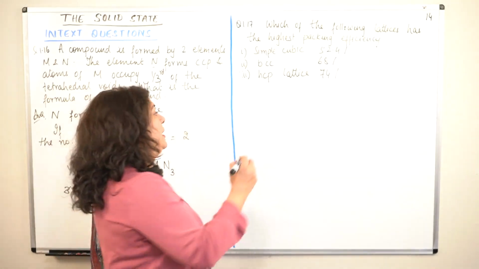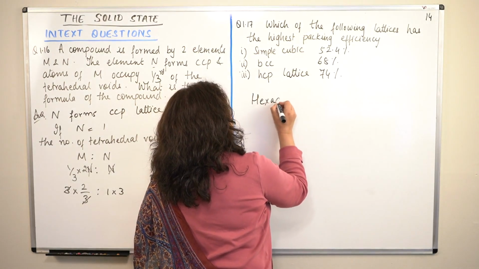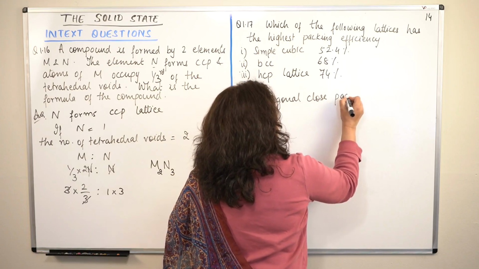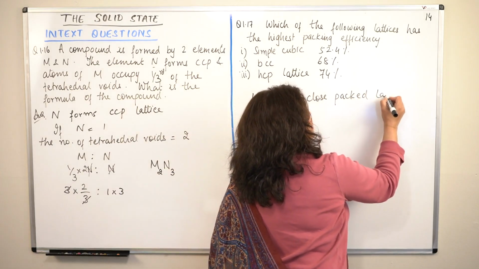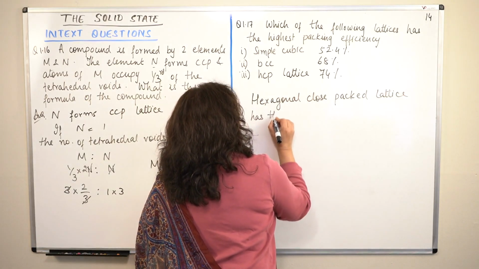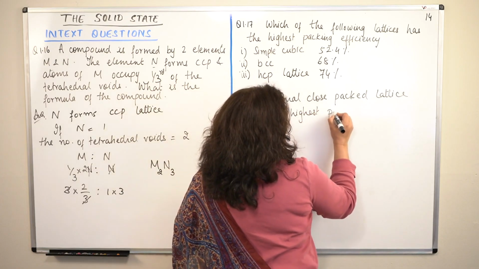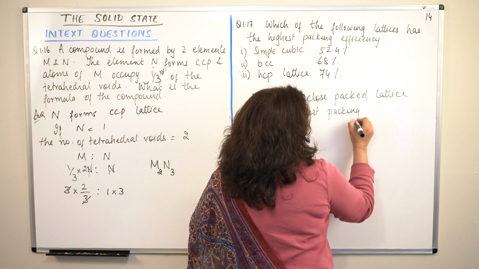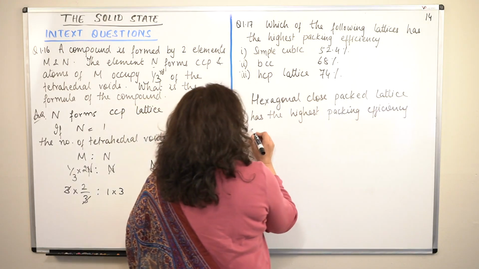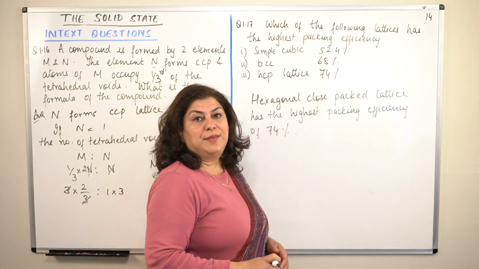So the HCP or hexagonal close packed lattice has the highest packing efficiency of 74%. So that's your answer, right?